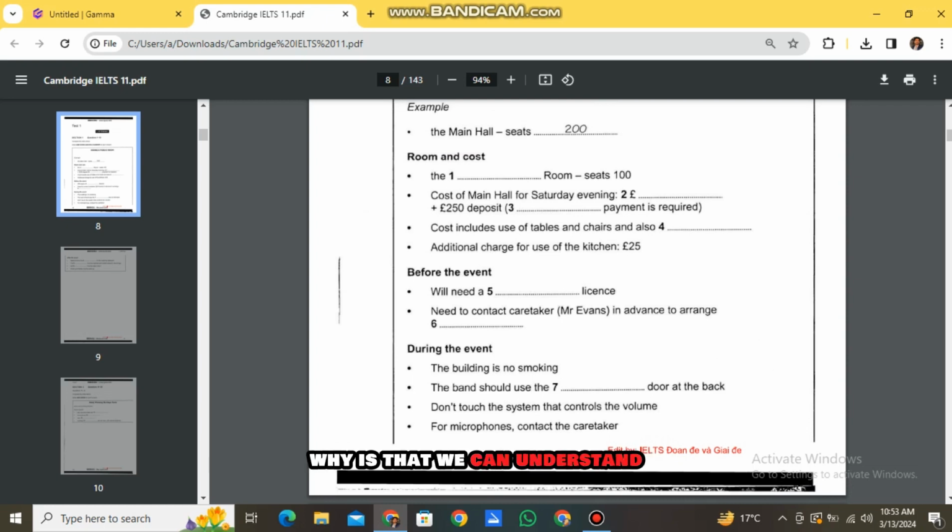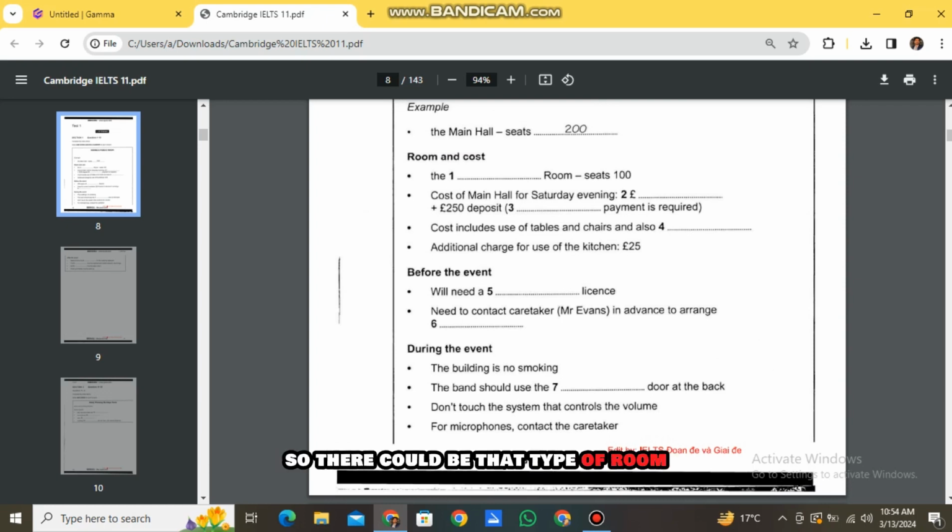Why is that? We can understand, we are predicting that the dash room shows that there will be a noun, because the is an article. Article is always used with a noun, and we also have the word room.